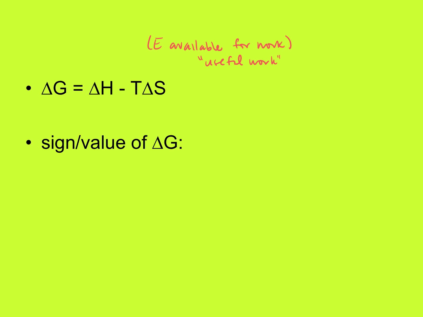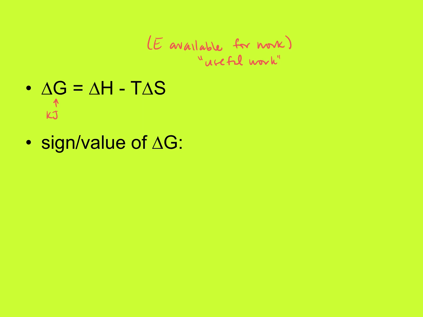So the equation that we use to relate entropy and enthalpy is this equation right here. Okay, the change in Gibbs free energy is equivalent to the change in enthalpy minus the temperature times the change in entropy. And be very careful because the units for delta G is usually in kilojoule per mole, one of those.